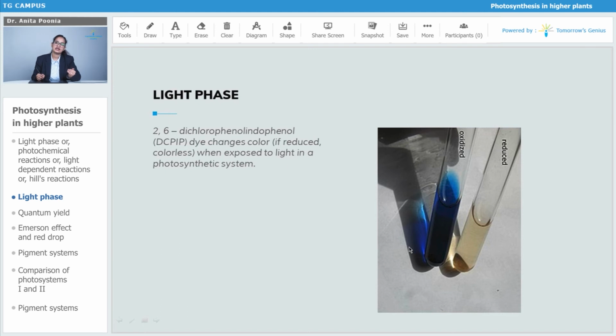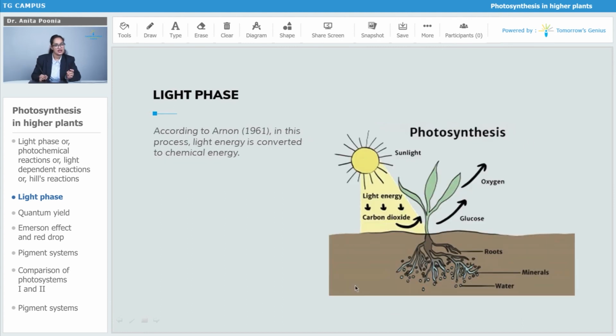It changes its color to colorless. So if reduced, it becomes colorless, when exposed to light in a photosynthetic system. You can see this is the oxidized form, which is blue in color, whereas this is the reduced form, which is colorless. According to Arnon, 1961, in this process, light energy is converted to chemical energy.